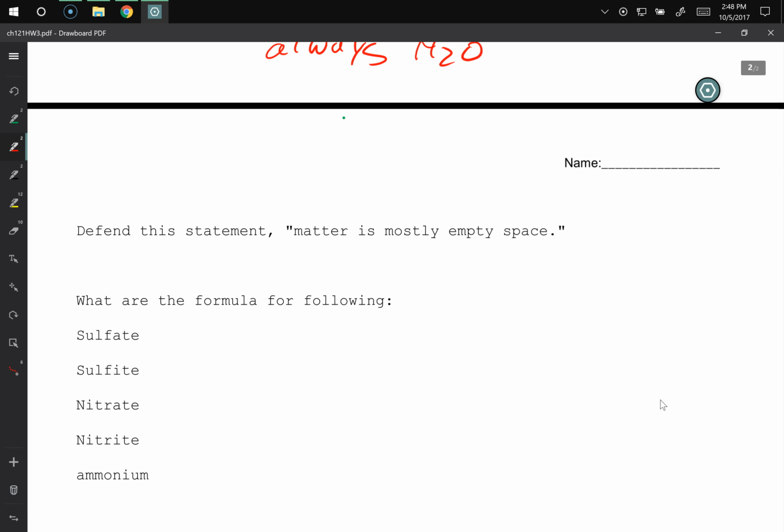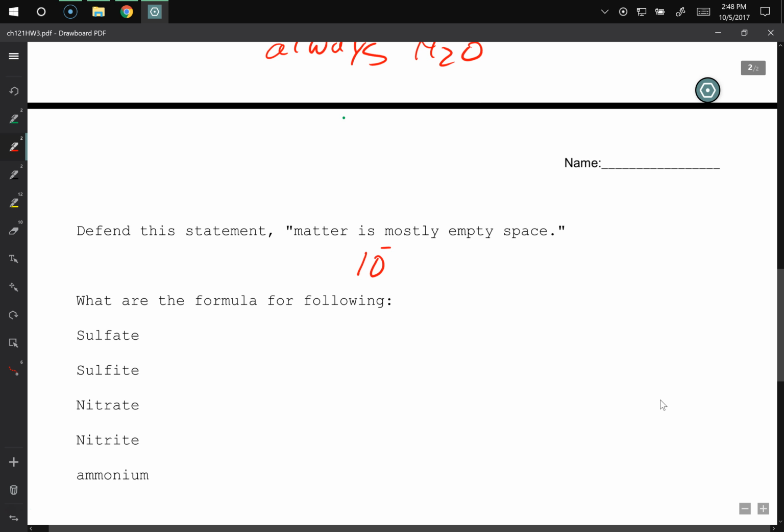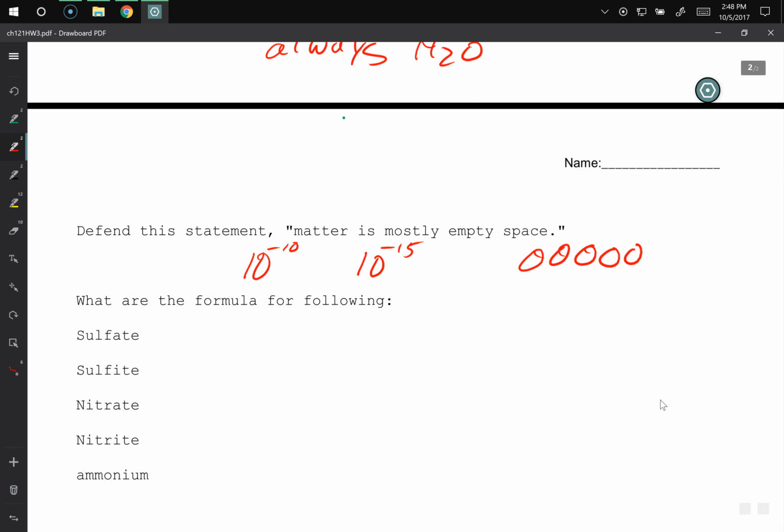Do you remember what the difference was between the atom size and the nucleus in the center size? It was 5 orders of magnitude. It was 10 to the negative 10th and 10 to the negative 15th. So what's the difference there? 5 zeros, right? So 100,000 times different between the two of them.